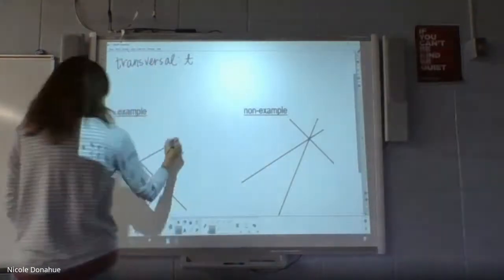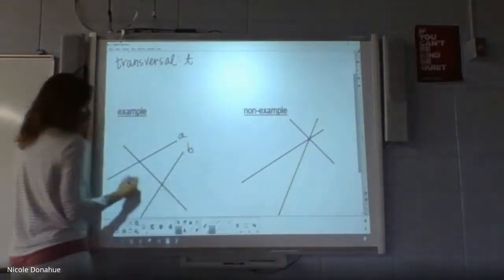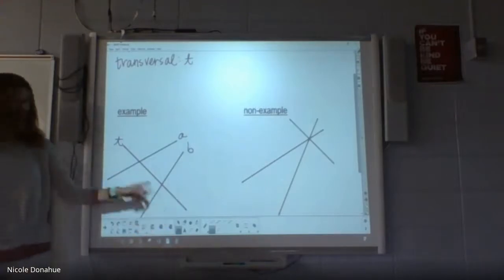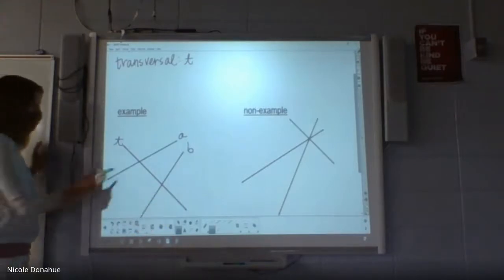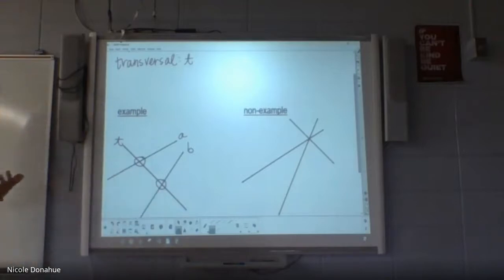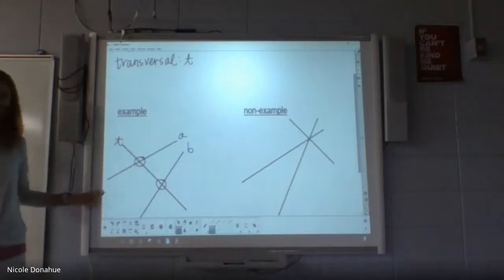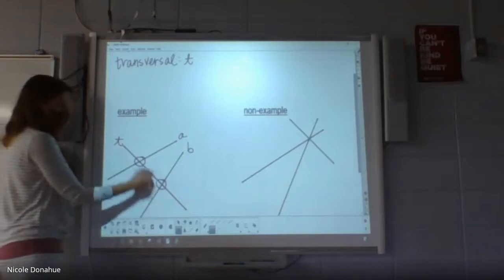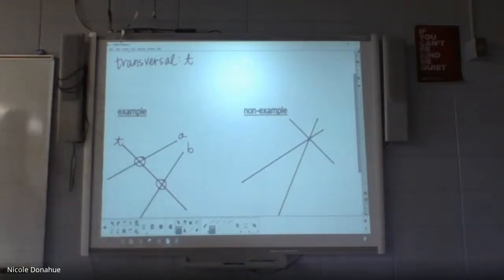So for example here, if I have lines A and B, this would be our transversal. It crosses these two lines at two or more places. So there's two different intersections here where T crosses those two lines. Now A would not be a transversal because it only crosses one line. So the fact that T crosses two or more lines at two or more places would be considered a transversal.